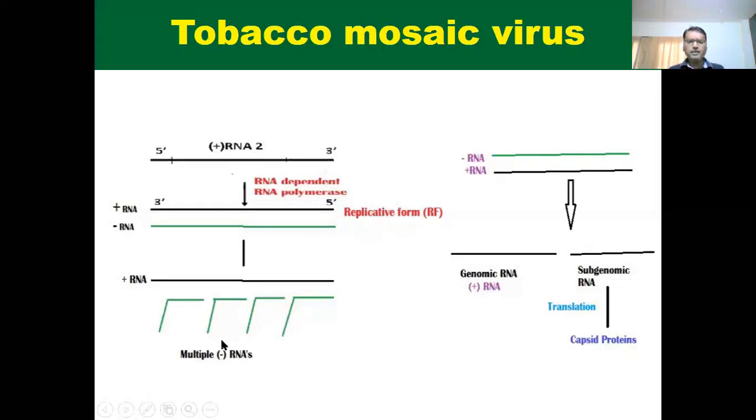Okay, multiple negative RNA बनतात. आता जेवढे काही मल्टिपल आरएनए बनलेत त्या प्रत्येकावर पॉझिटिव्ह आरएनए बनतो. Okay, and at the same time, once the positive RNA forms, at the same time here subgenomic RNA produces capsid protein.